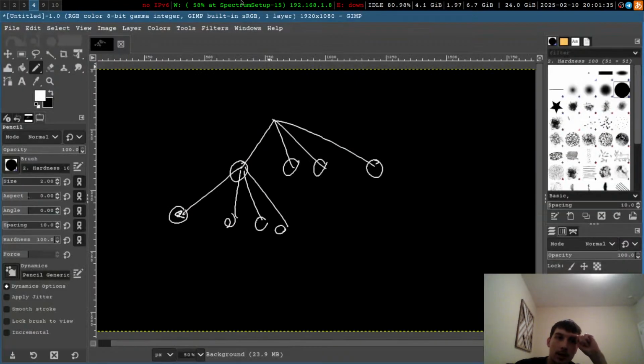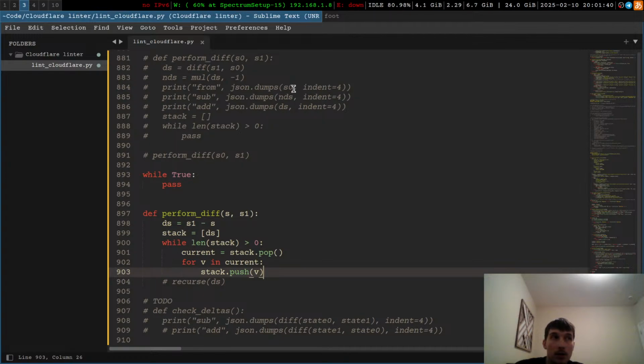Yeah, no, this is actually going to iterate horizontally, I think. Which honestly, I don't know if it actually matters. I don't think it really matters. It doesn't matter.